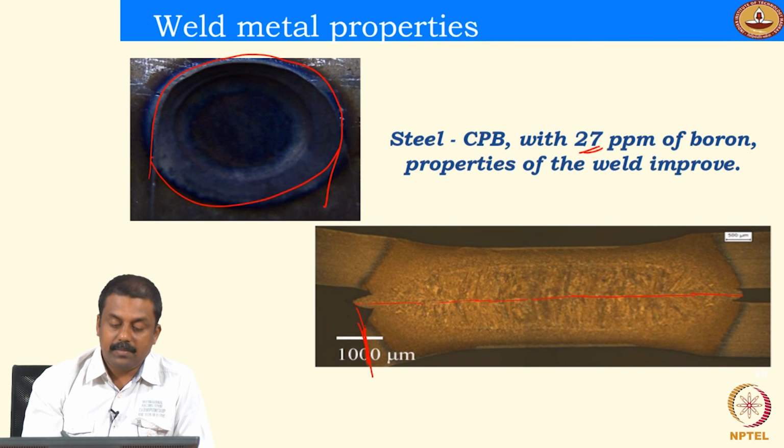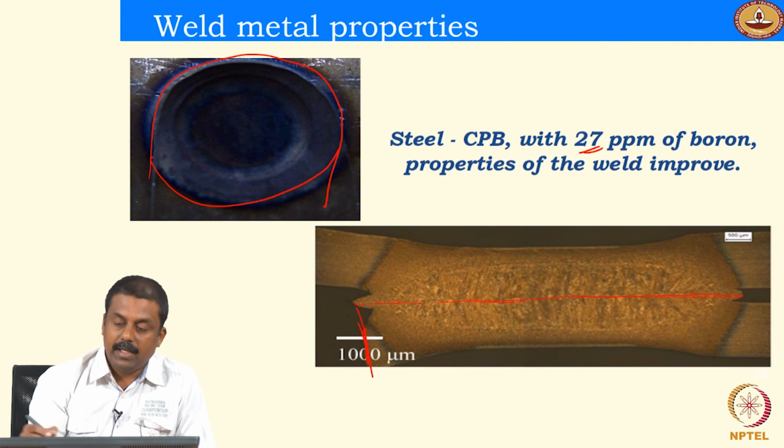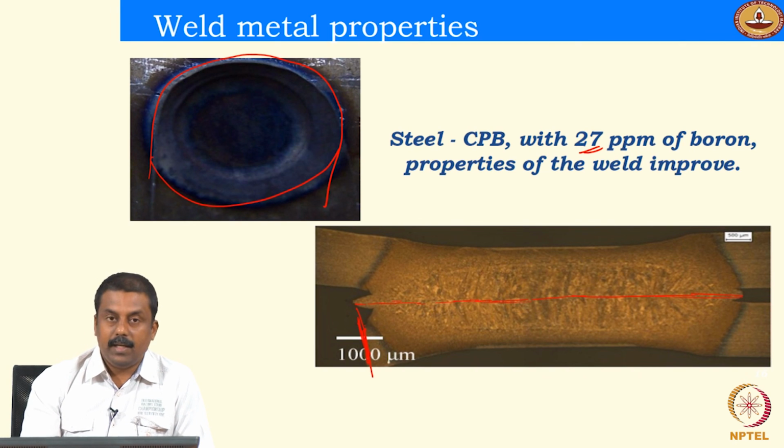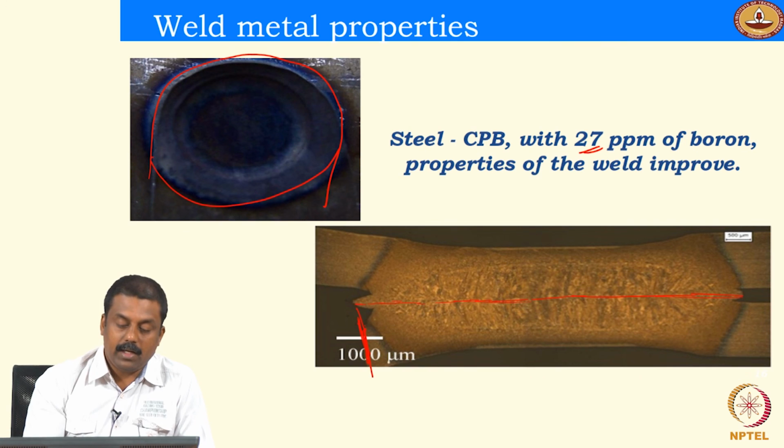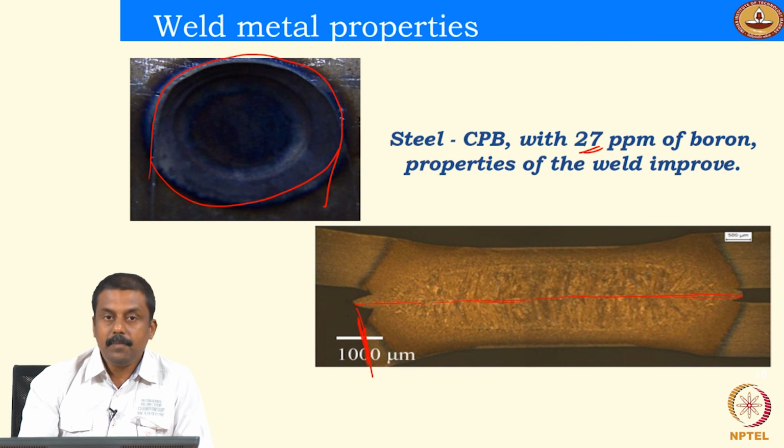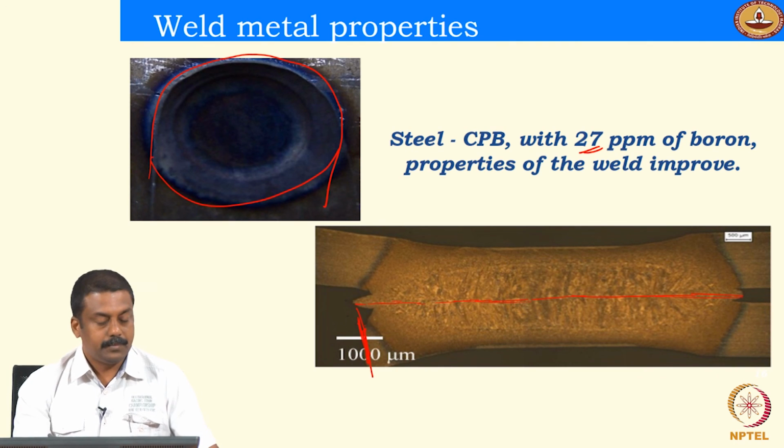And this happens because we managed to avoid the phosphorus segregation along the weld center line by adding the boron, and that can lead to improvement in the mechanical properties of the weld. So therefore, with the addition of boron, we can say that the phosphorus segregation is reduced at the weld center line, leading to improved mechanical properties.